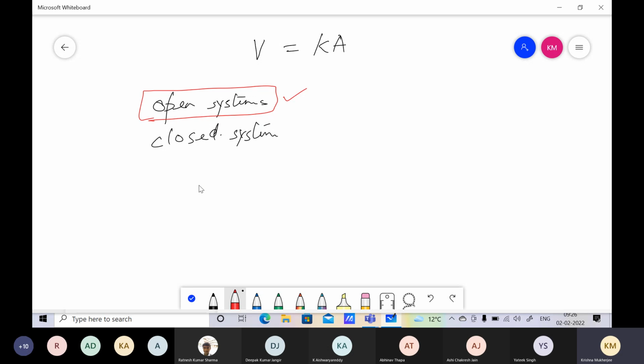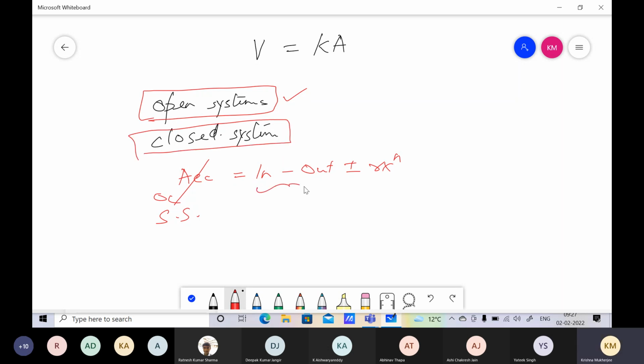And so in open systems, the basic equation is accumulation is equal to input minus output plus minus reaction. Steady state implies accumulation is zero. Only in closed systems, where input and output terms are zero, will steady state or homeostasis imply that reaction is zero.